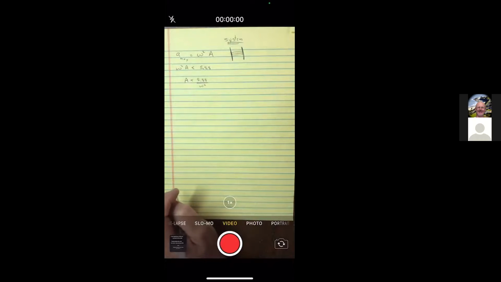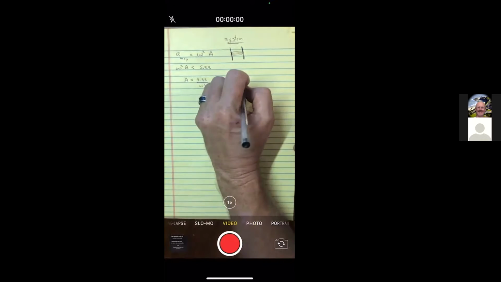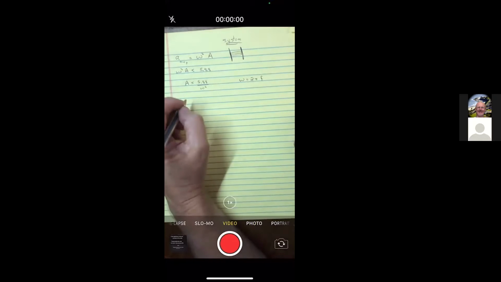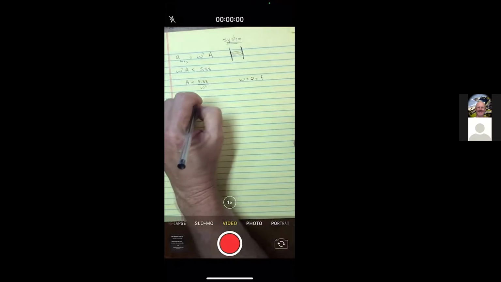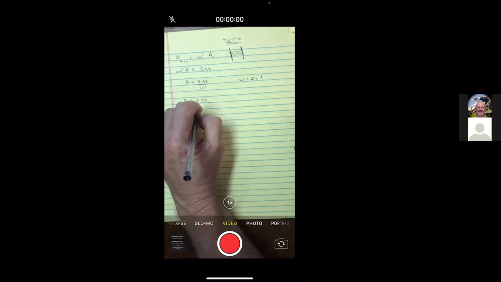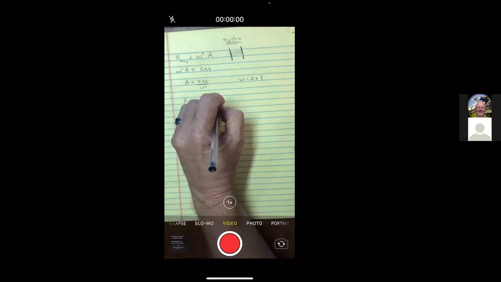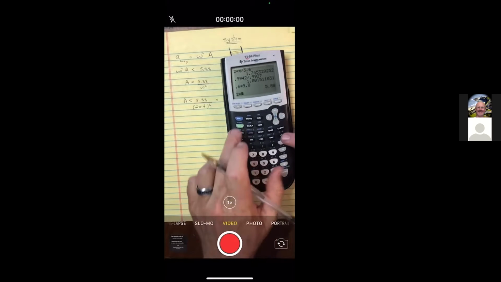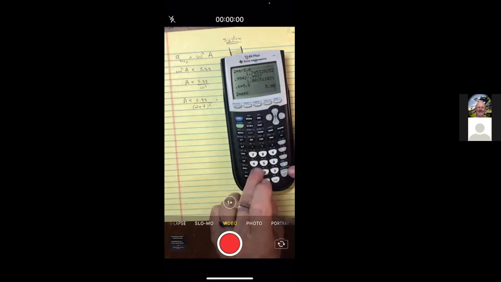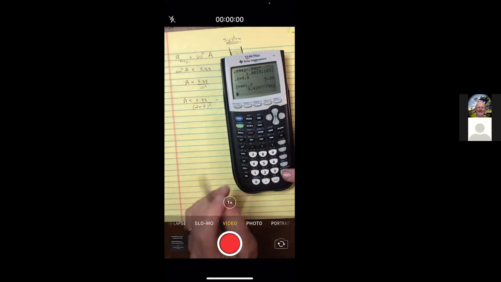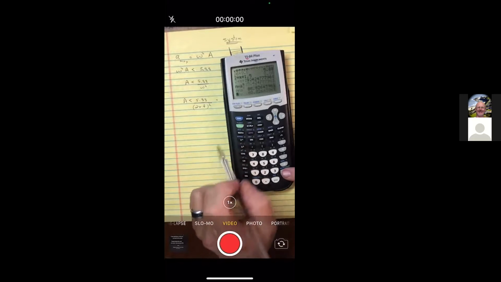Now they don't give us omega, they give us the frequency, but omega is 2 pi times the frequency. So A needs to be less than 5.88 over (2 pi f) squared. And so if I go 2 times pi times f, which was 1.5, I believe, and square that, that's the denominator.